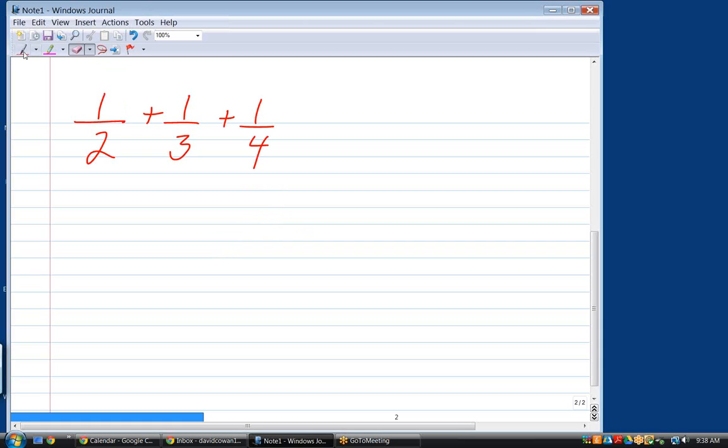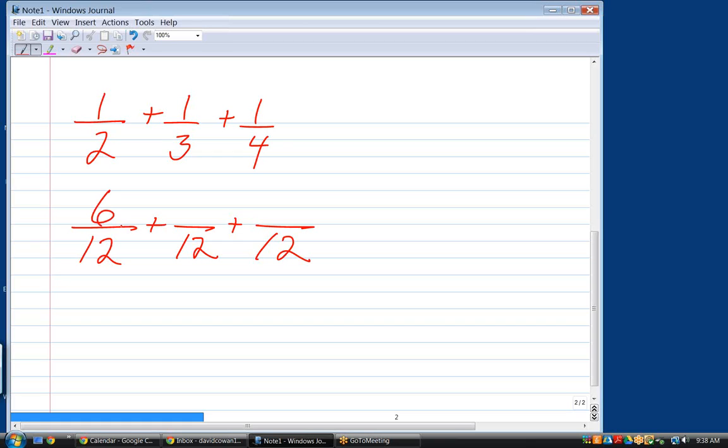Okay? So 12 is our common denominator, so I like to do it like this. What goes in this numerator? 6. Okay, because what we're doing is dividing 2 into 12 and multiplying it by 1.